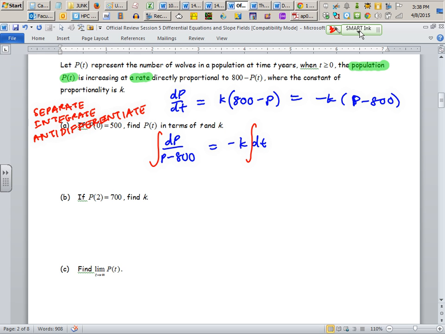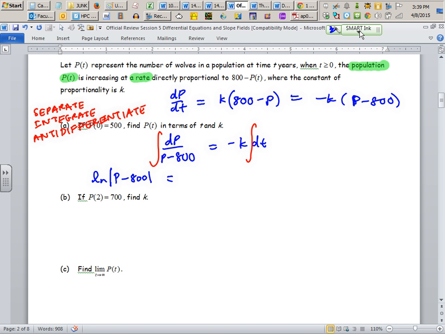Okay? So this is not a hard integral. How do you anti-differentiate 1 over anything linear? 1 over something linear like that. ln, right? Okay, good. So this is just ln, absolute value, p minus 800.